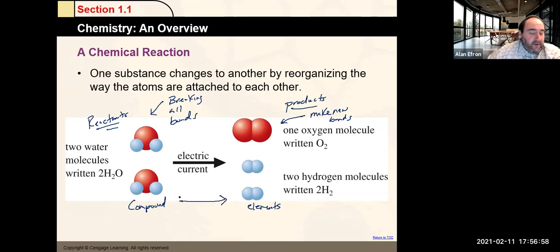So through a chemical reaction or a chemical change, we actually can break down compounds into smaller parts, which are really the elements. But once we get to the elements, we really can't go any further back. That is as far back as we can take everything, breaking them back down into their elements.